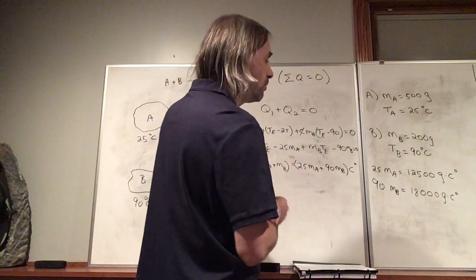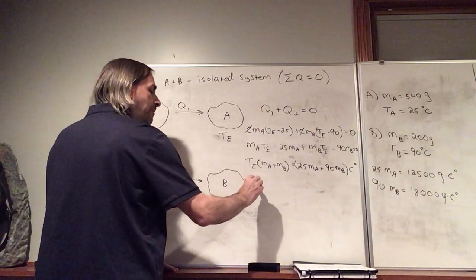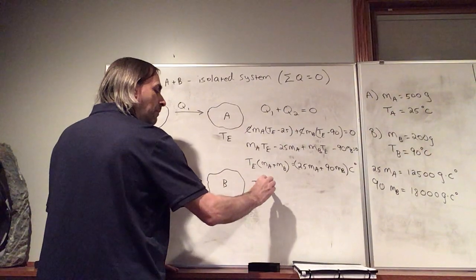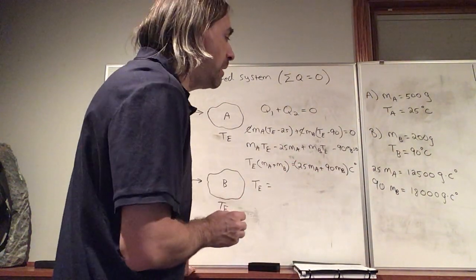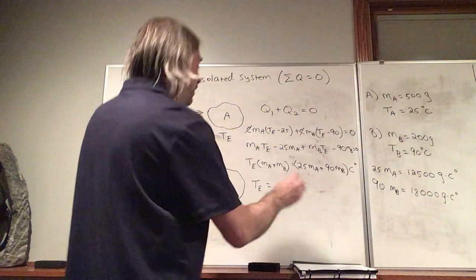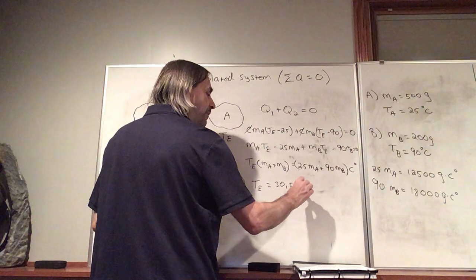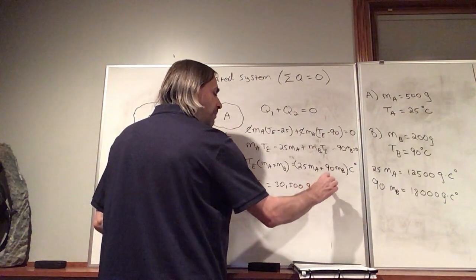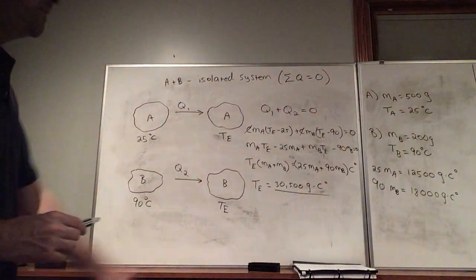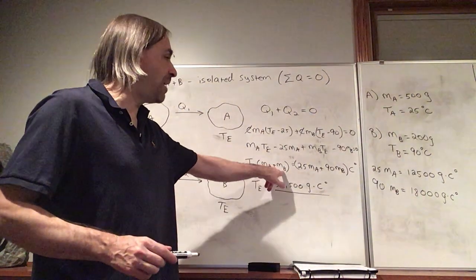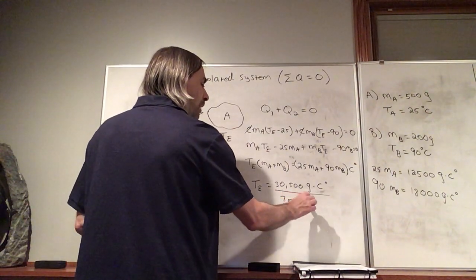And so for our equilibrium temperature, on the right side, we just add those up. So 18,000 and 12,000, that's 30,000, so we have 30,500 grams times degrees Celsius. And then we have to divide by M A plus M B, which is 700 grams.